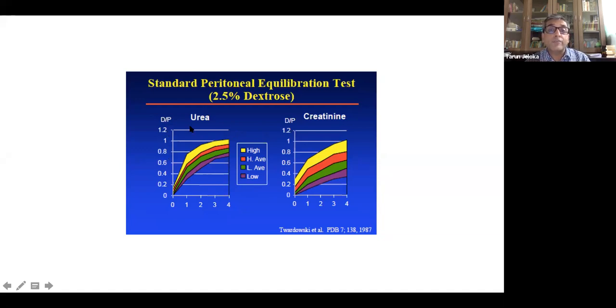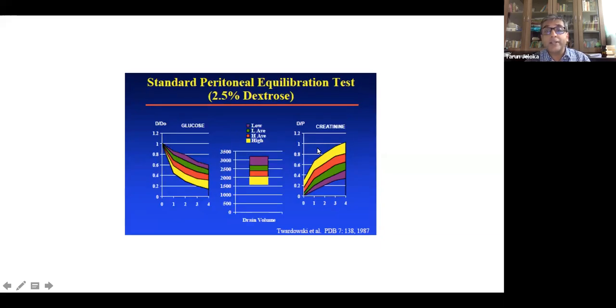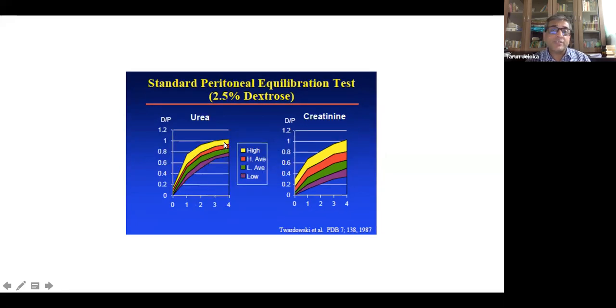This is a curve for urea, D over P urea over time, and these are the different curves which can be achieved depending upon D over P urea, creatinine, and glucose. Depending upon this, the peritoneal membranes are divided into 4 different characteristics. Usually above 0.8 creatinine is a high transporter, then comes high average, then low average, and then the low transporter.